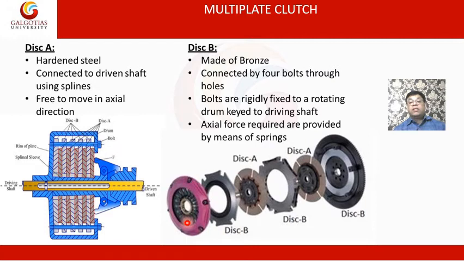Here you can see the exploded view of this multi-plate clutch.